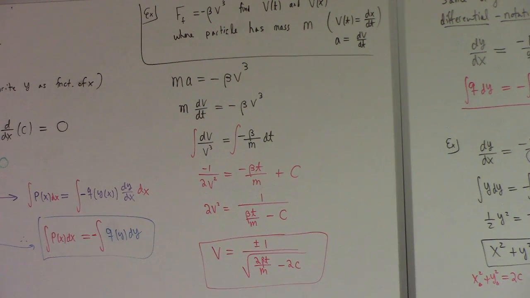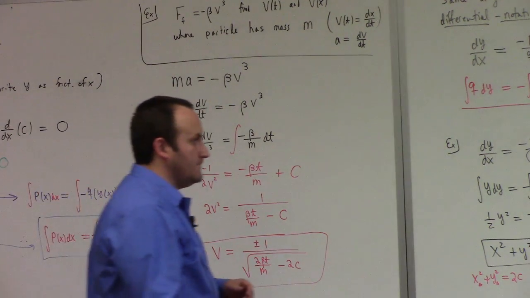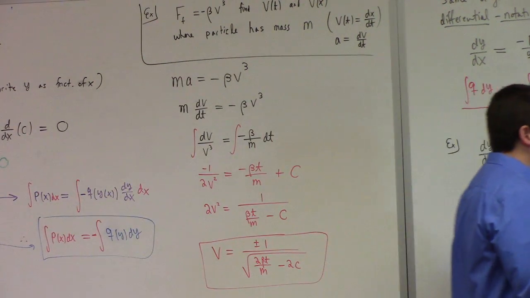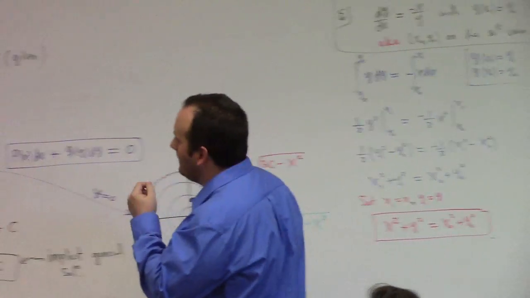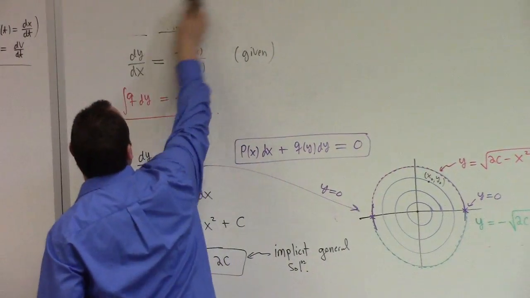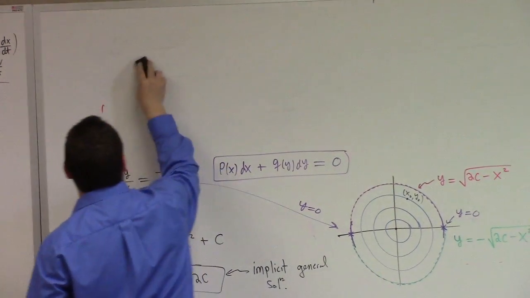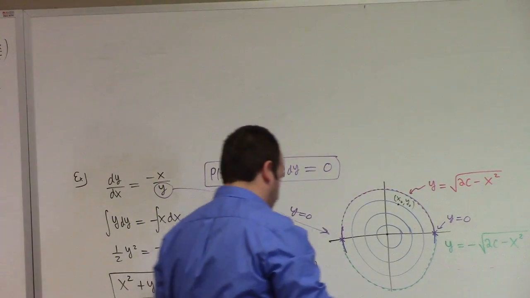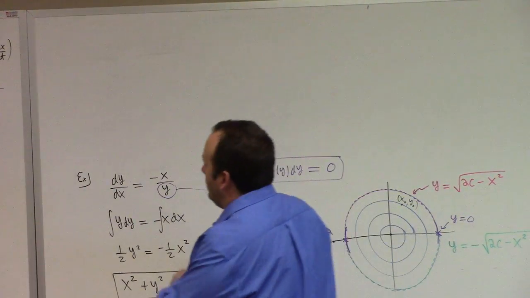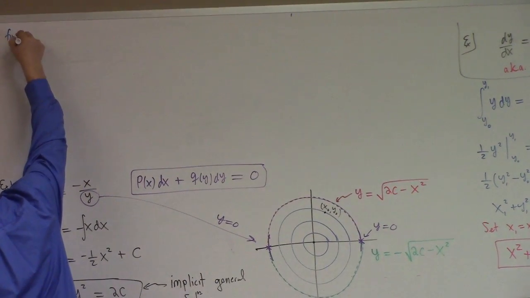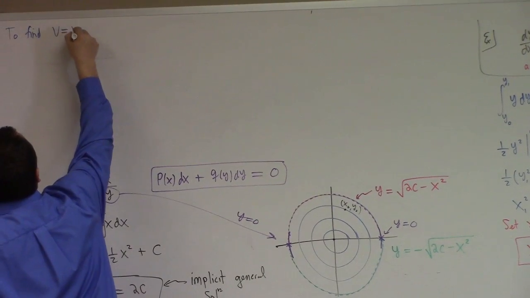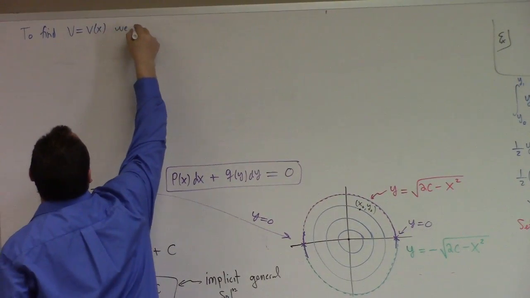Now, in contrast, I could look for the velocity as a function of position. To find v equals v of x, we need a trick.